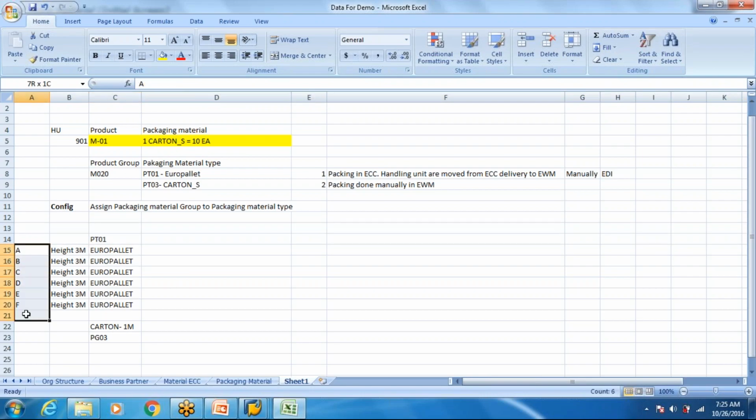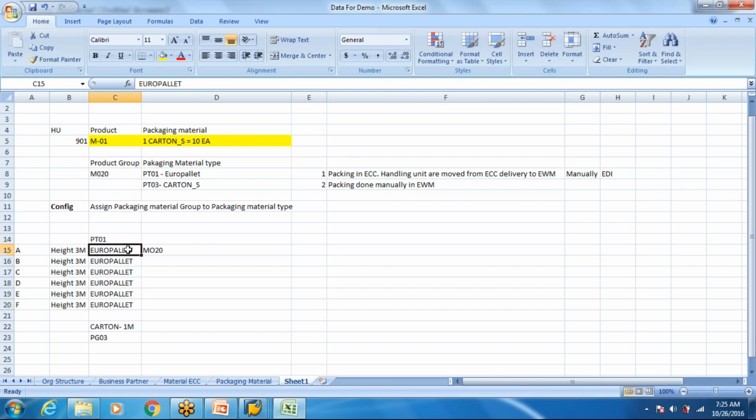Let's say these A, B, C, D, E are to be packed only in a Euro pallet. So what we are saying is for A, B, C, D, E, these products, their packaging requirement we are going to map using M020, and we are saying that M020 should only be packed in PTO1, that means Euro pallet.